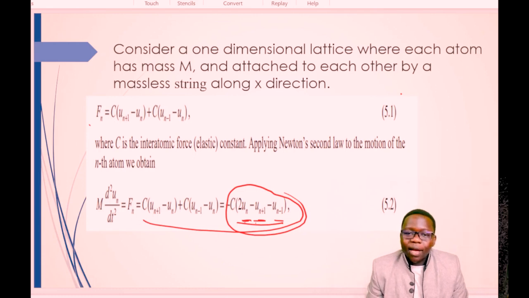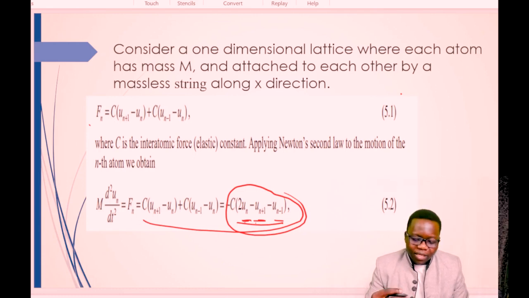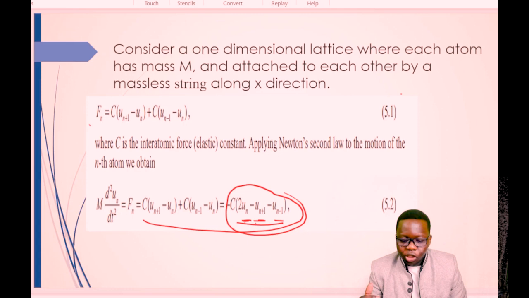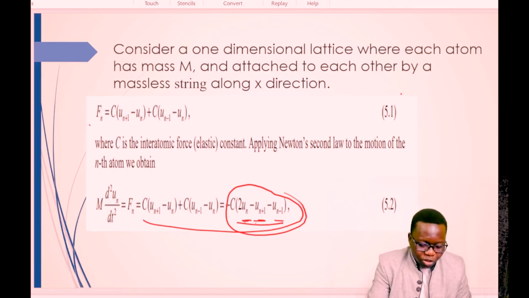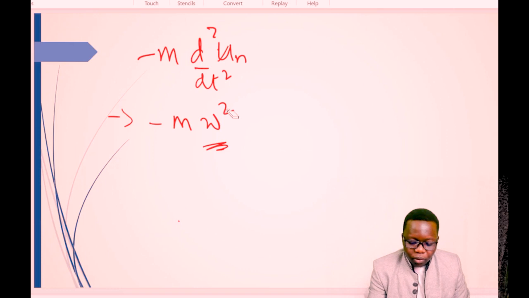But u n is the displacement from the mean position of the nth atom. That's what we want to use to get for the rest. That's what we're trying to calculate over here.